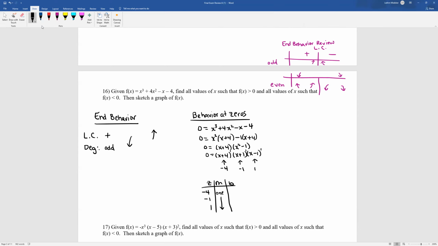And there is a difference between a 1 and a 3, 5, 7, like all odd exponents that are 3 and higher. If you have a 1, you cross more like a line, like a y equals mx plus b line. If you have a 3, 5, 7 or higher odd number, you cross more like x cubed. It almost looks like it's going to even off, but it goes. So that's just something to be aware of. Now, the behavior for these is all 1, so we're just going to cross like a line.